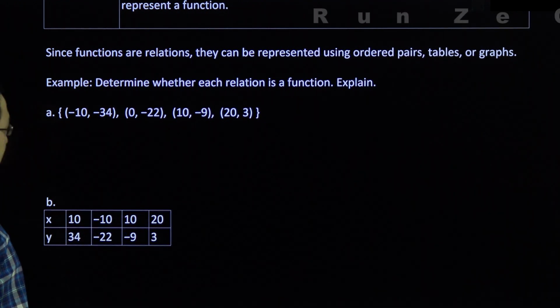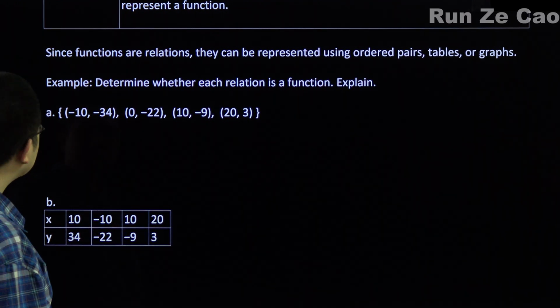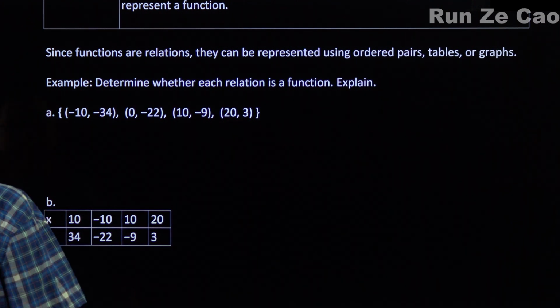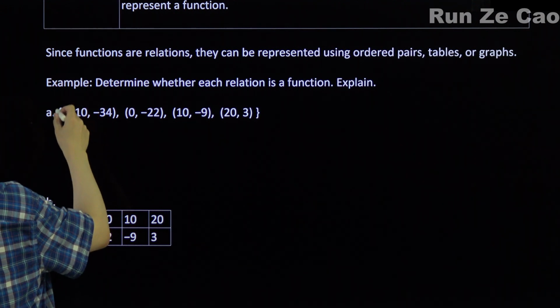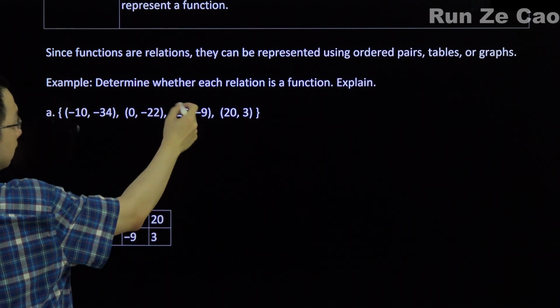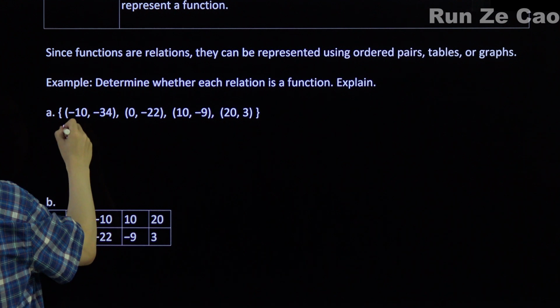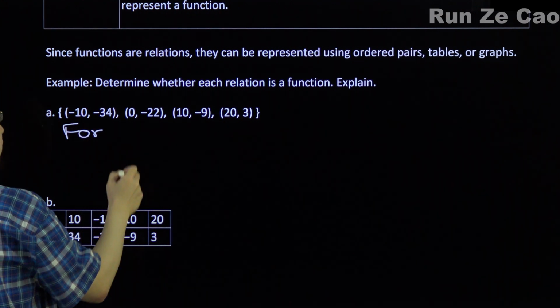Determine whether each relation here is a function and explain. Well, for every x value, for every first coordinate value, by default we say x.